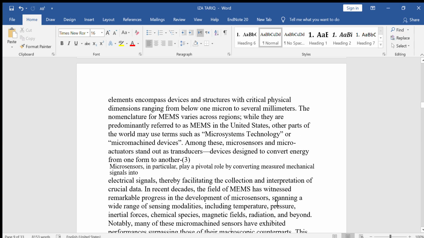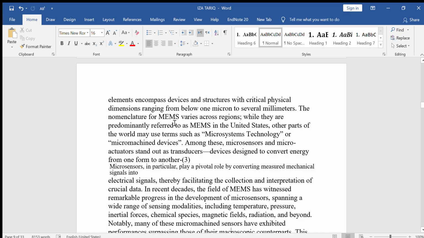Thus, it yields compact devices and structures with critical physical dimensions ranging from below 1 micron to several meters. The nomenclature of MEMS varies across regions. While it is predominantly referred to as microelectromechanical system in the United States, other parts of the world may use terms such as microsystem technology or micromachine devices.